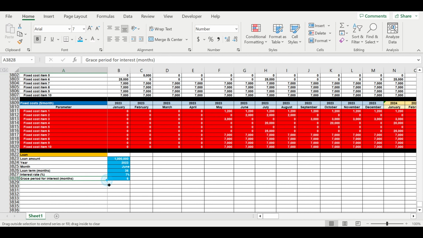Then the grace period for the principal payments. Let's say we have a 12 months grace period for principal payments. We can play with all these inputs.